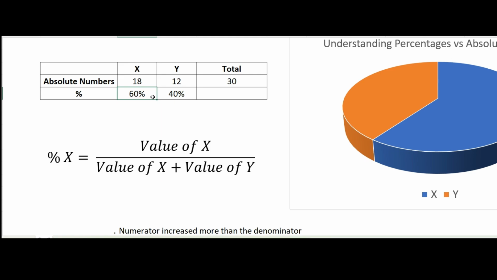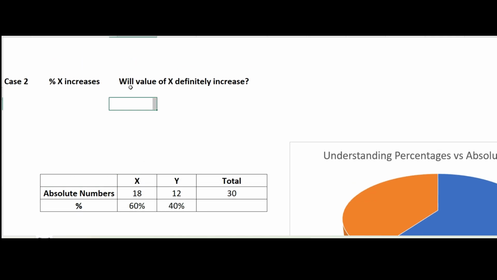That is why the percentage of x has increased here. So in this case, while the percentage of x has increased from 50 to 60%, the value of x has actually reduced from 20 to 18. So the answer here, will value of x definitely increase? The answer here is no again.